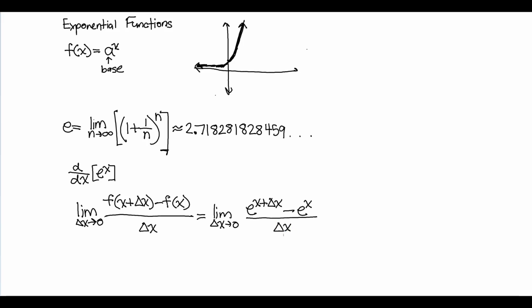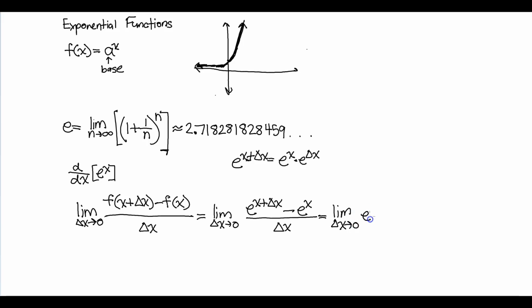Now, what you might notice is that e to the x plus delta x equals e to the x times e to the delta x. This is just exponent properties, so we can factor out an e to the x, since it's present in both terms of the numerator.